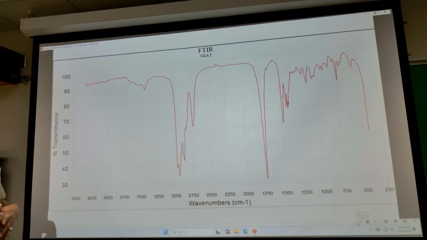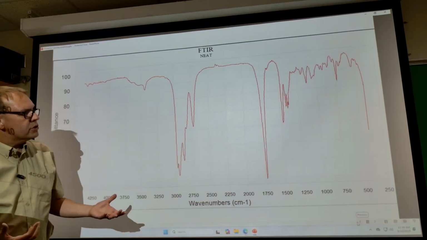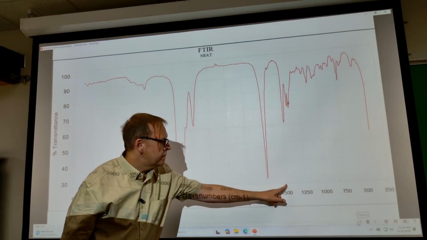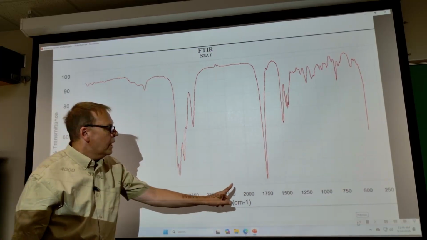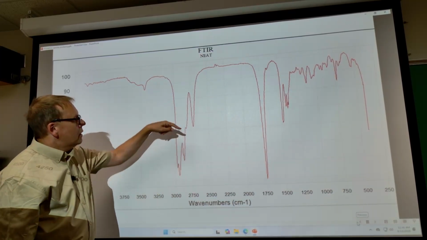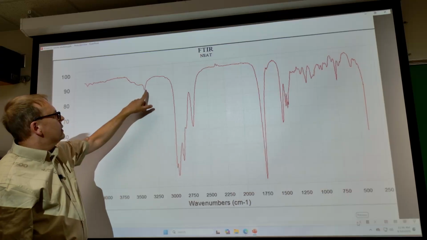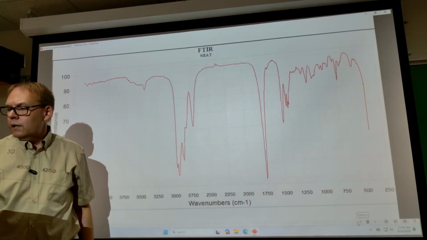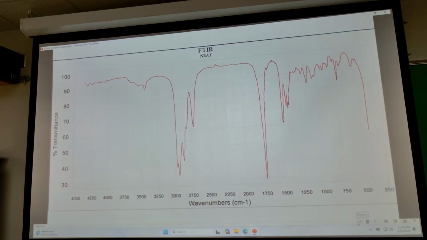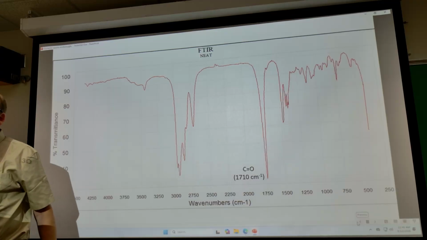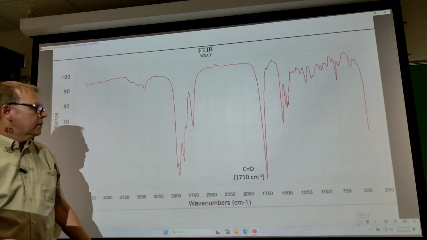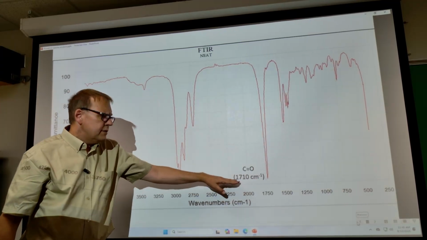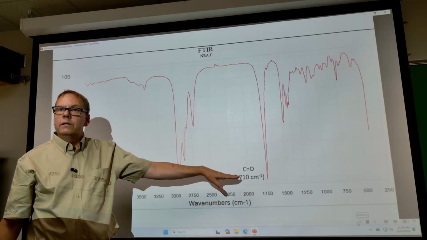Here's another spectrum that's got some peaks on it. And again, in the functional group region, we're just interested in from 1500 on. We've got a big peak here, a peak there, a bunch of peaks here, something there. If we identify where the carbonyl is by looking at the x-axis, 1710, so that's about like what we had in the previous example.